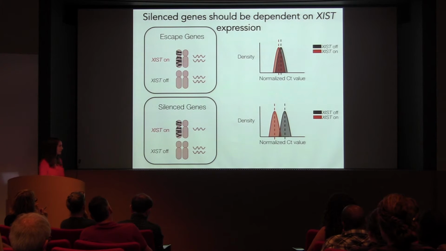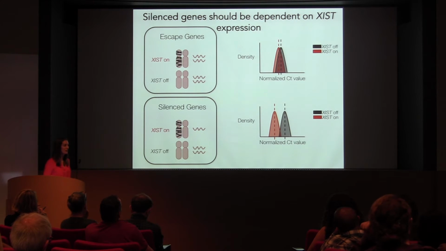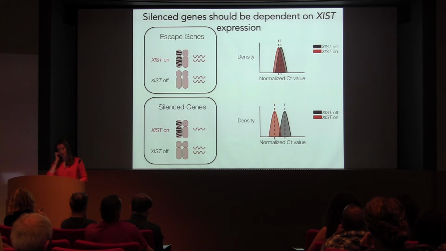However, for silenced genes, when XIST is off, you should expect an increase in expression of that gene, so that the median expression value is actually increased. So we wanted to look at X chromosome genes in our cells that were XIST positive and XIST negative to see if we're seeing the shift and if we're seeing sort of a reactivation event of the X chromosome.